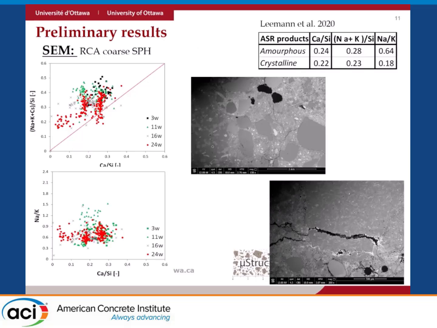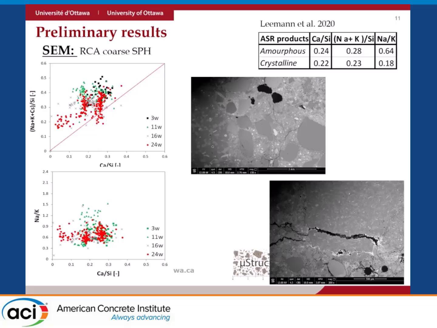For the recycled concrete aggregate bearing Springhill, pretty much the same trend. We were able to compute the alkali-to-silica ratio and calcium-to-silica ratio, and again they belong to the same composition.